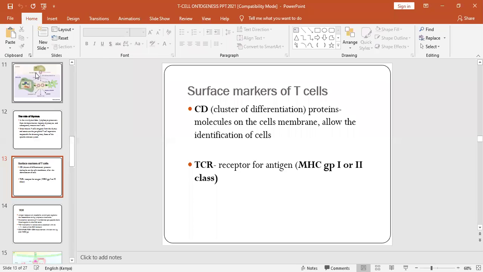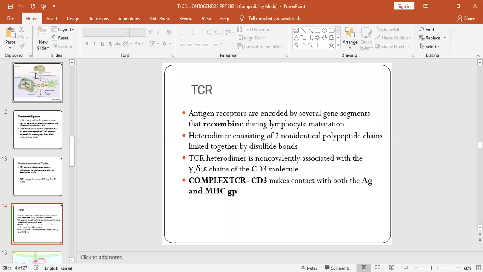Okay, so we have the main arm of the T cell, which we call the T cell receptor, which is very important in interacting with an MHC antigen complex. And that's why we talk about T cell MHC restriction. Okay, so what is the role of these T cell receptors?